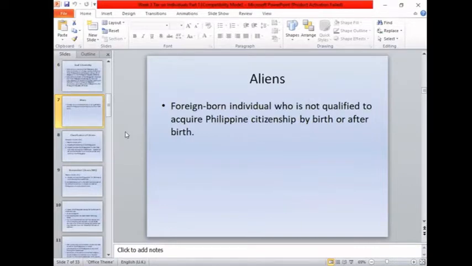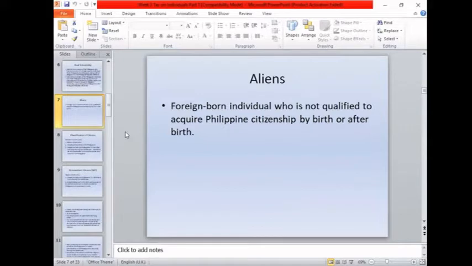So the second one is the alien. Okay? So the alien, these are the foreigners. These are the foreign-born individuals who are not entitled and qualified to acquire a Filipino citizenship by birth or after birth. So when we say foreign-born, there's no Filipino blood, no?